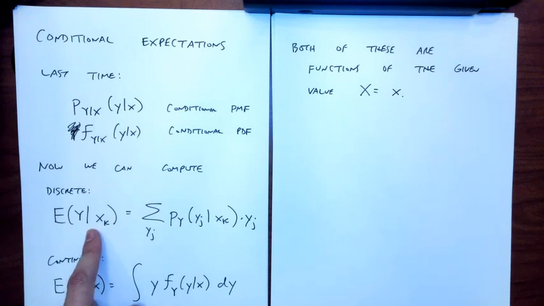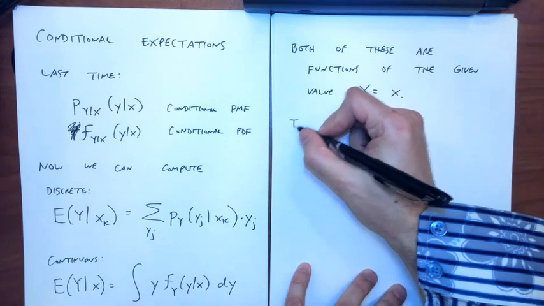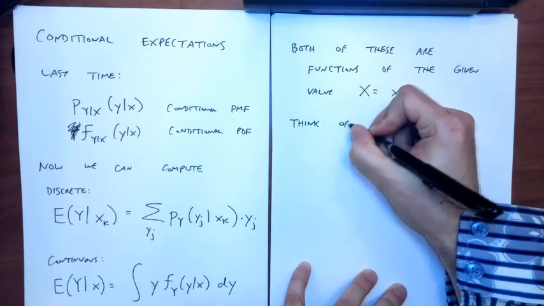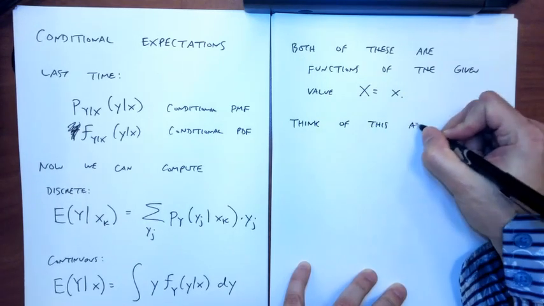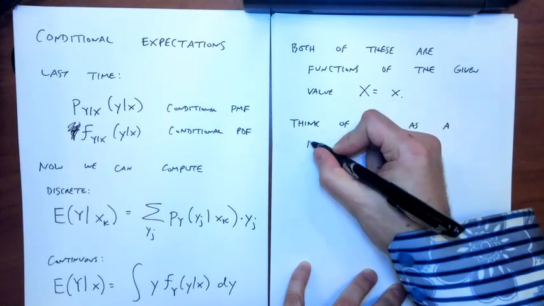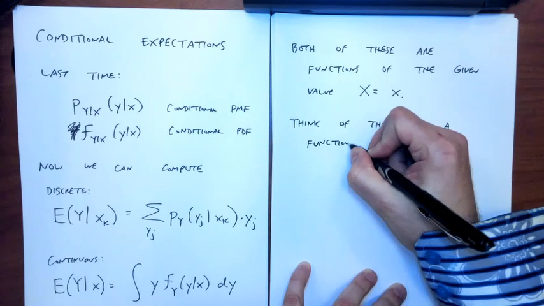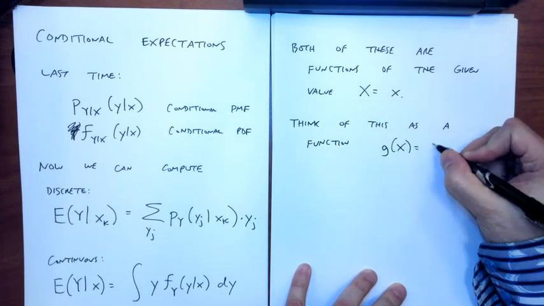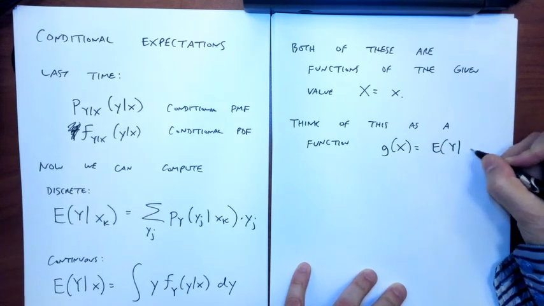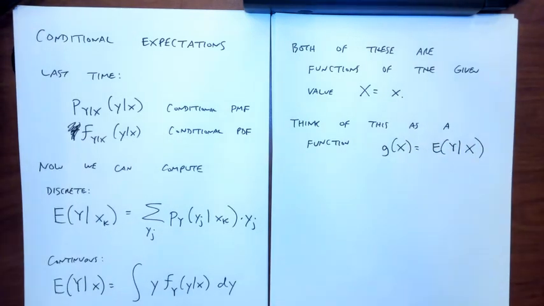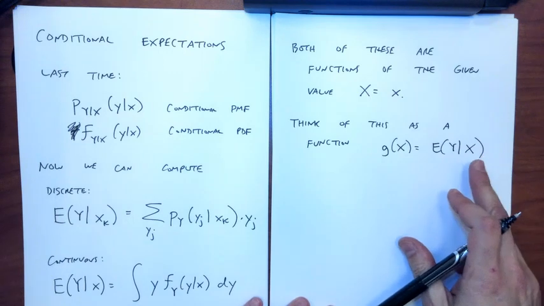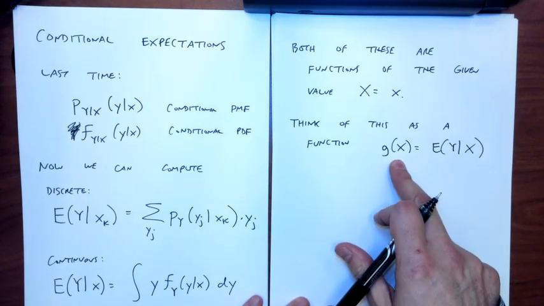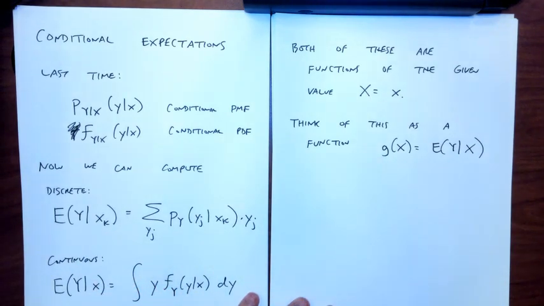And so now I could ask, okay, think of this as a function g of x equals the expected value of y given x, right? So this is a mapping from a number x to some function, which is the expected value of y given x, okay?